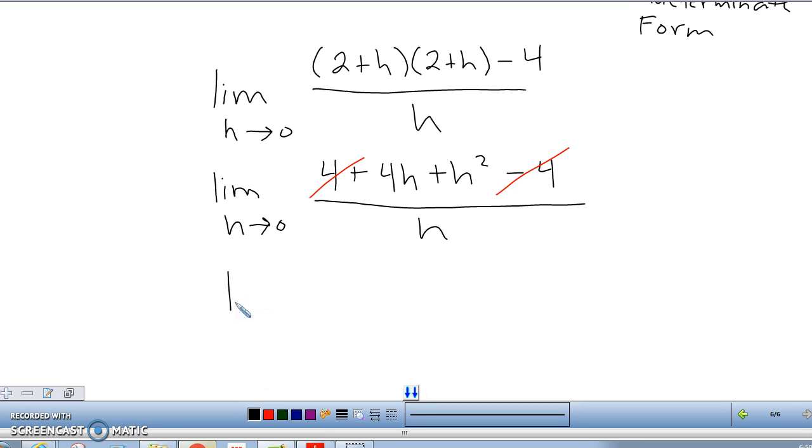We now have the limit as h approaches 0 of 4h plus h squared over h.